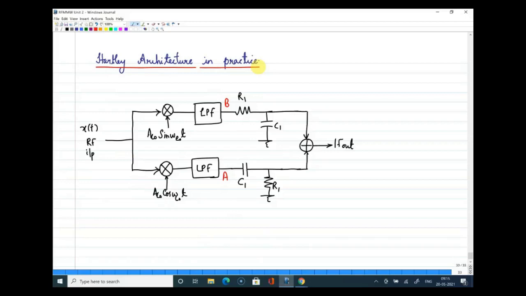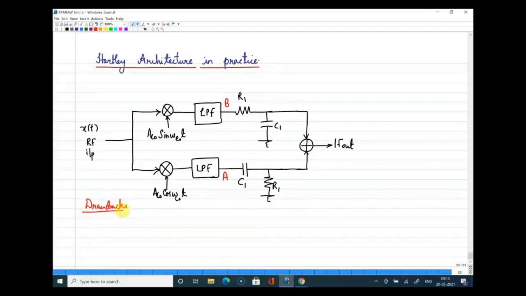You have an upper arm and a lower arm. Depending on how well the components and both arms are matched, you will have perfect image cancellation. But we can consider various practical aspects here, so I'm listing them out as drawbacks.